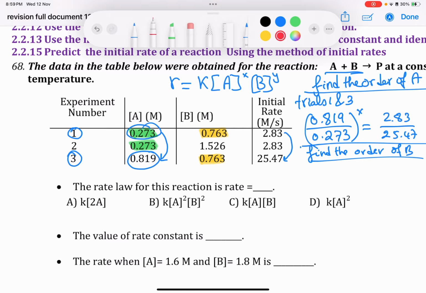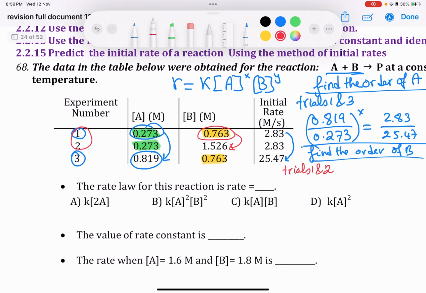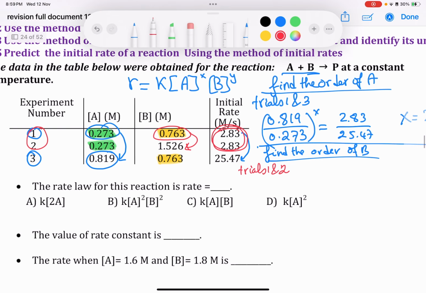In this case, I am going to take trials 1 and 2. When B was doubled, the rate stayed the same.